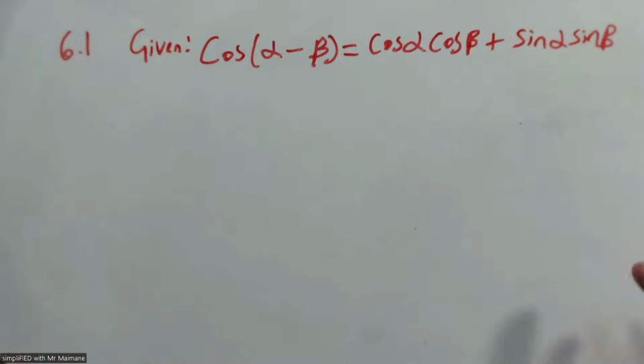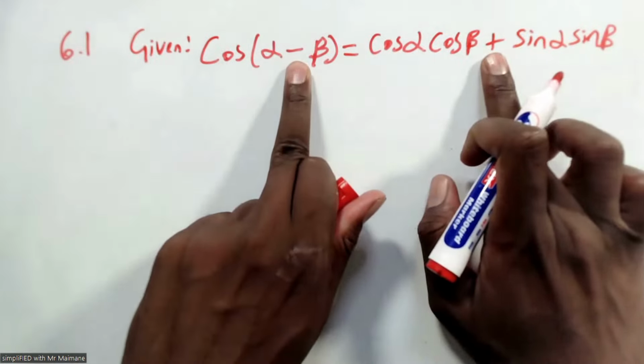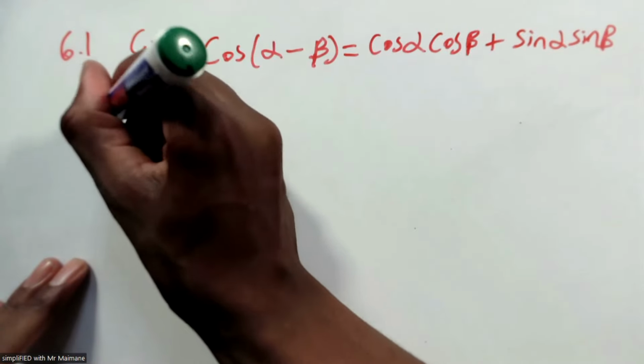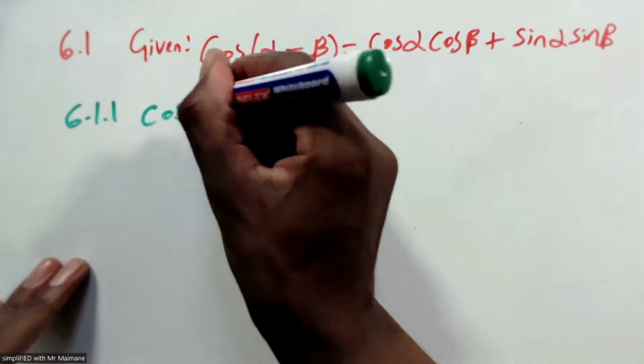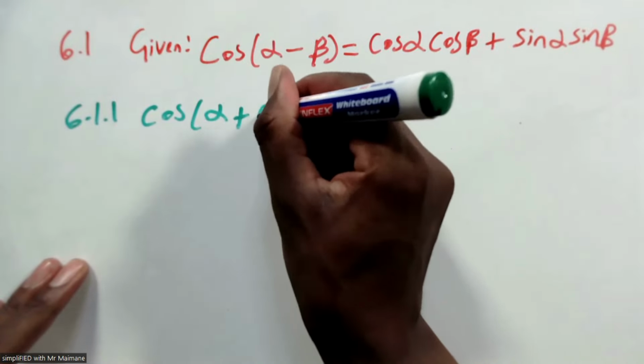And look at the hint. When it's a negative here, it's a positive here. Now they want us to use the given identity to derive a formula for this. So 6.1.1, we have cos of alpha plus beta.